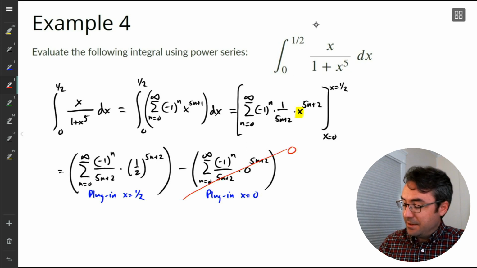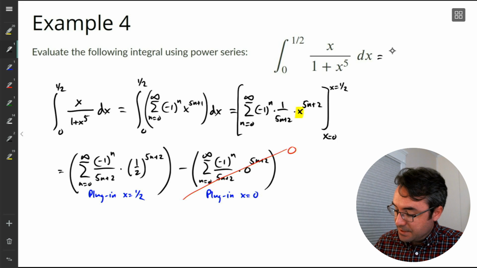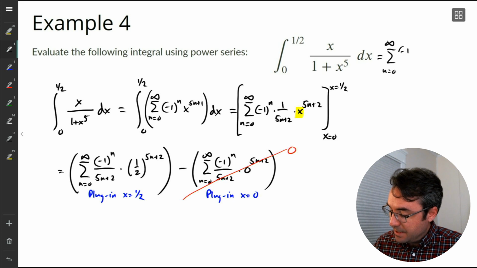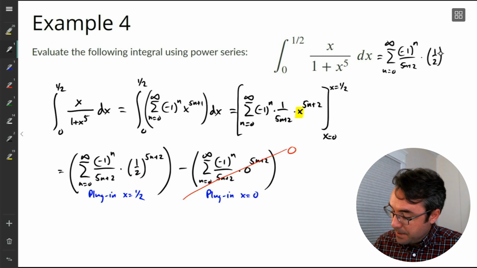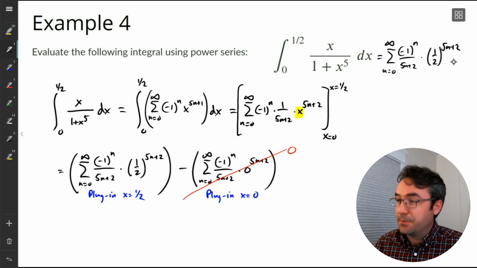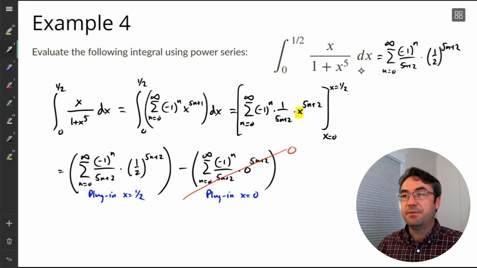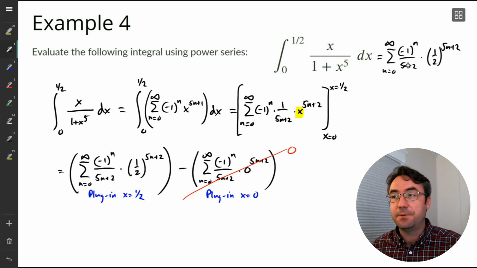So it turns out that the value of this integral, we can think of it as a series. It's the sum from n equals 0 to infinity, -1 raised to the power n over 5n plus 2 times 1/2 raised to the 5n plus 2. So this example really shows a few things.